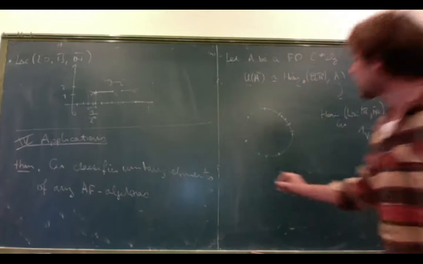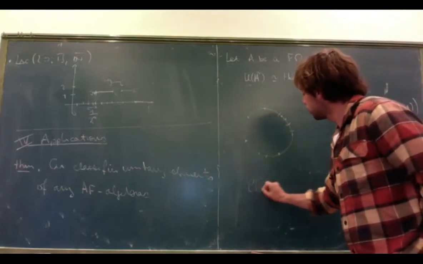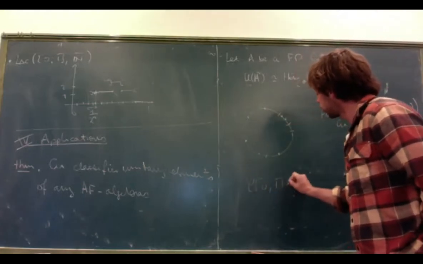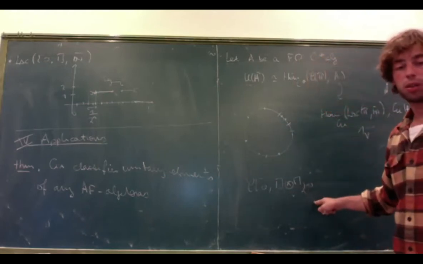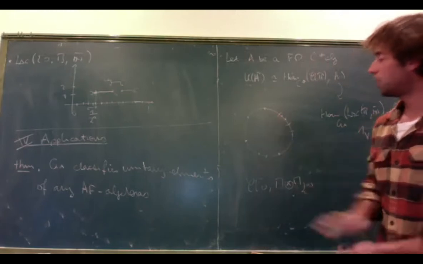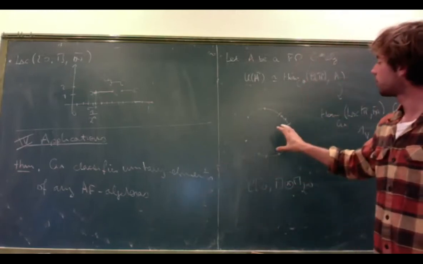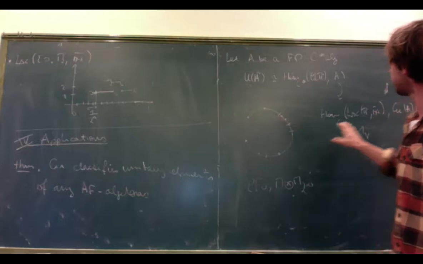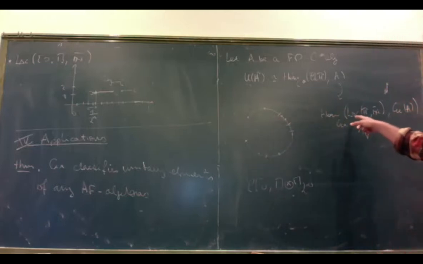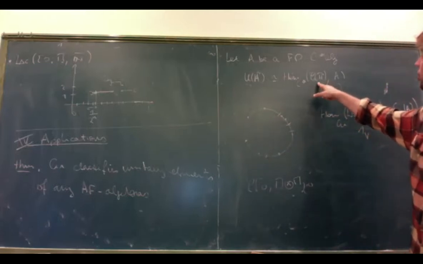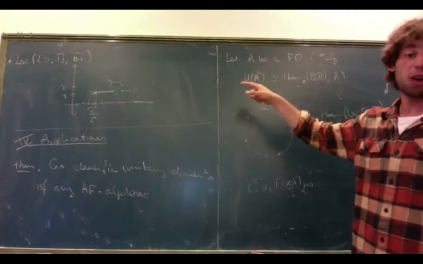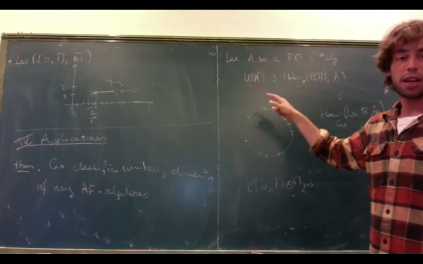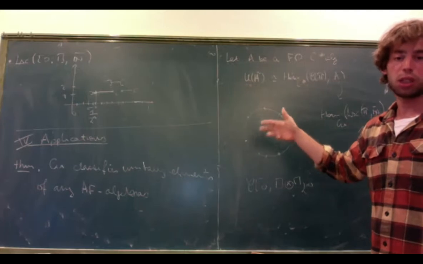And this AI algebra is one of the most basic ones: it's the continuous functions over the interval tensor M_{2^∞}. So this tells you that for any morphism from the Kuntz semigroup of the continuous functions over the interval into the Kuntz semigroup of an AF algebra, I can find a star homomorphism which is a lift, and it's unique up to approximate unitary equivalence.